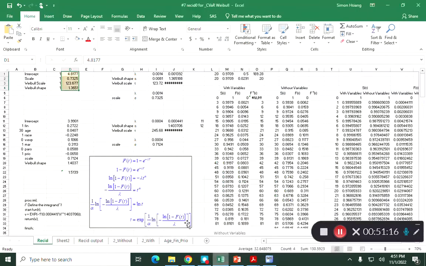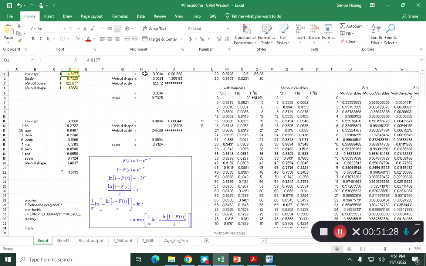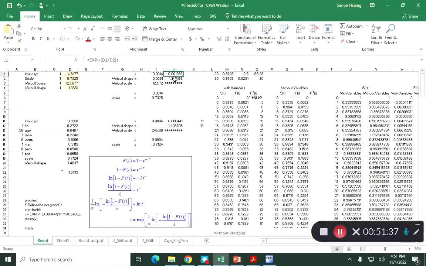Okay. And I basically use my, let me show you. So if I know my intercept, how to use intercept to figure out exponential intercept divided by scale, I figure out my lambda parameter.